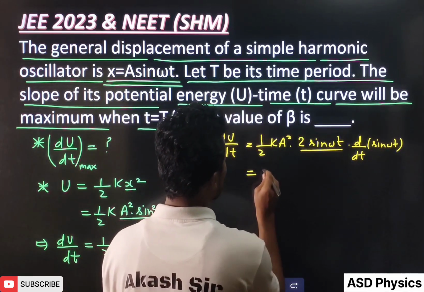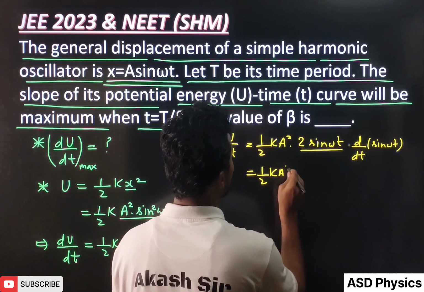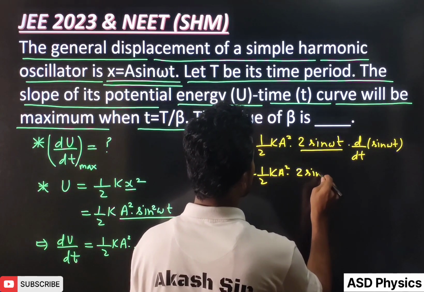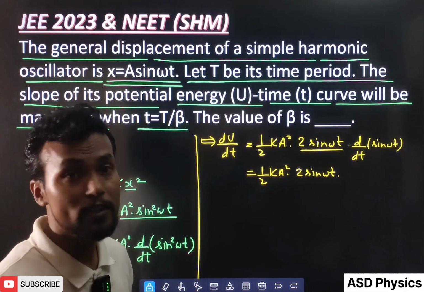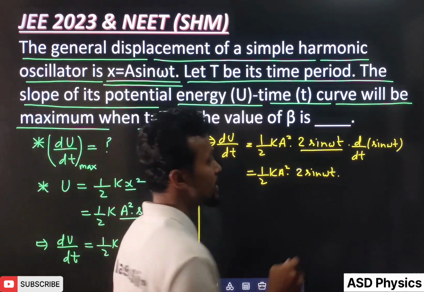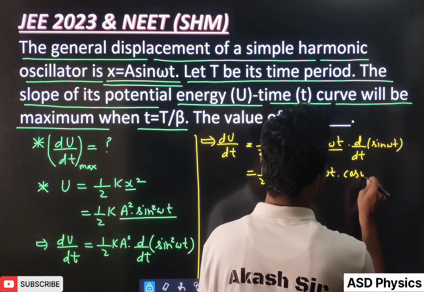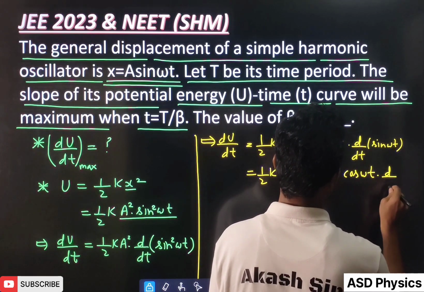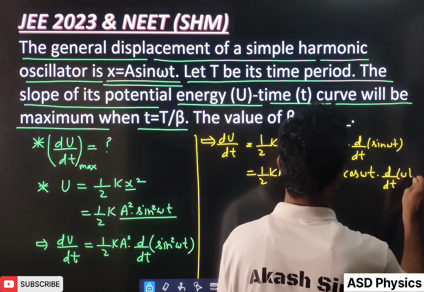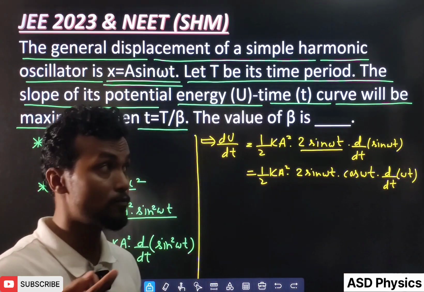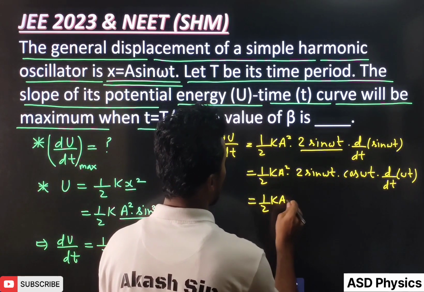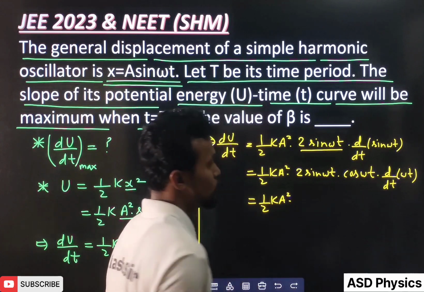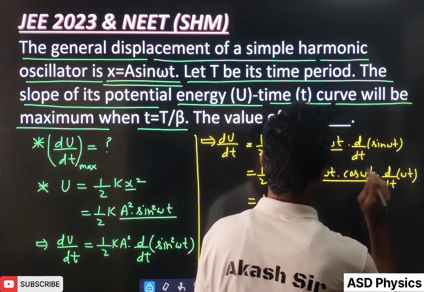So half k a square into 2 sin omega t into d by dt of sin omega t. Differentiation of sin omega t is cos omega t, and omega t is still left, so we have to differentiate again. This is called the chain rule. So half k a square into 2 sin omega t into cos omega t.